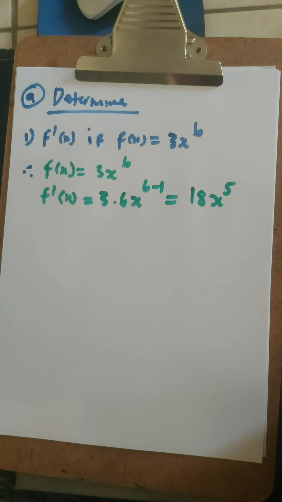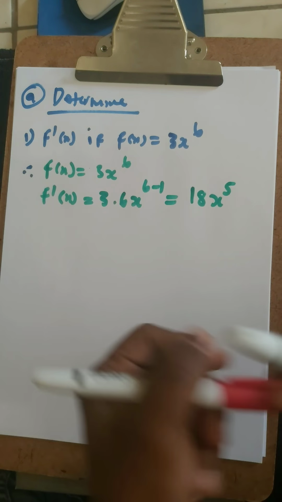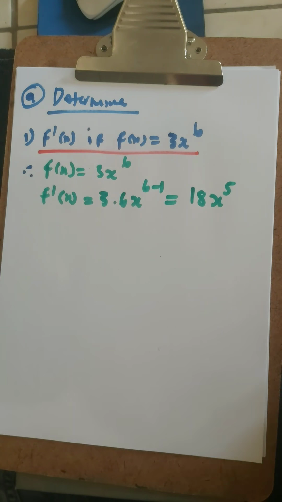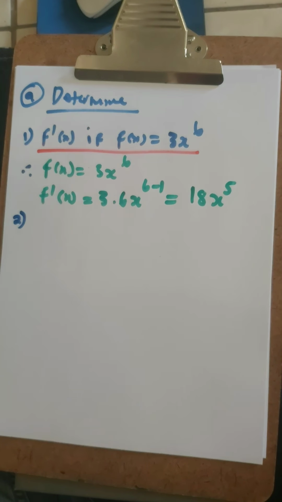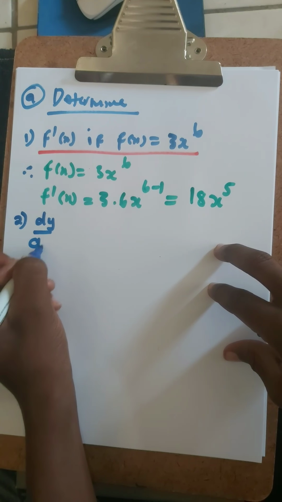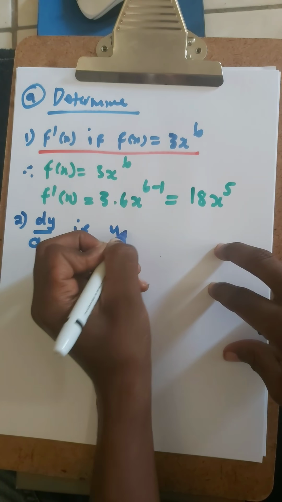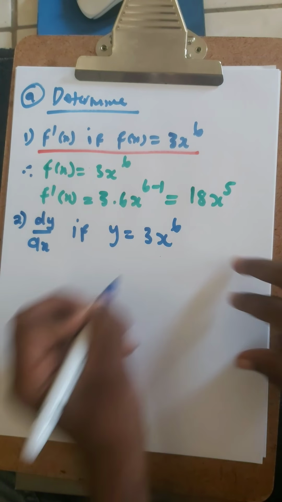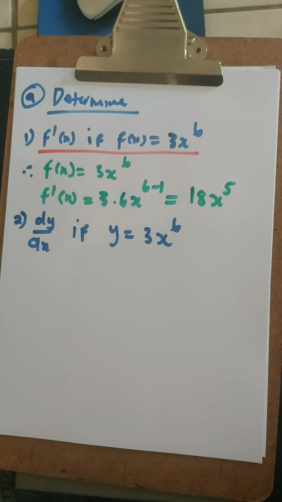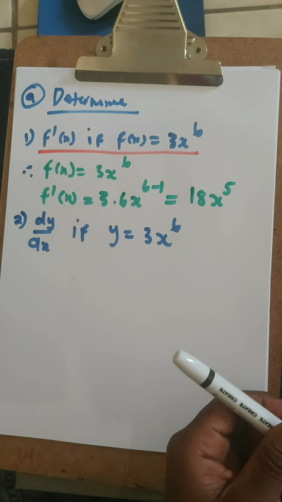That's number one, that's how they can ask it, f prime of x. Number two: determine dy dx if y is equal to 3x to the exponent 6. Basically you are looking for dy dx. f prime of x, dy dx and gradient are the same thing.